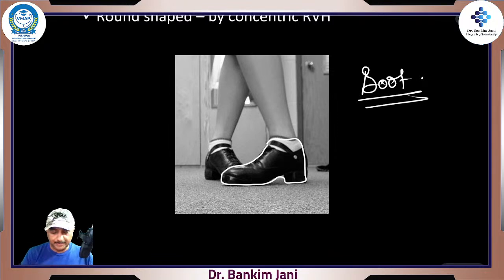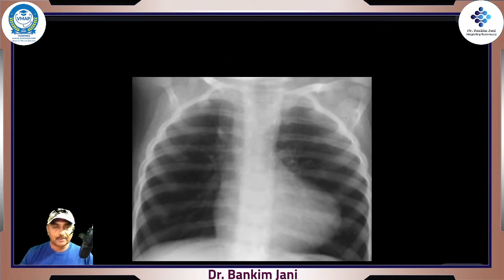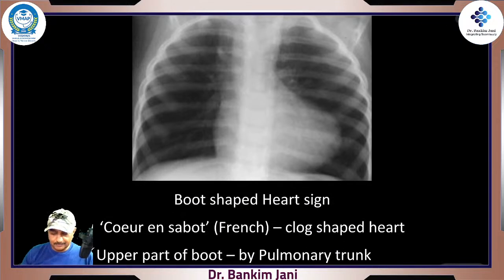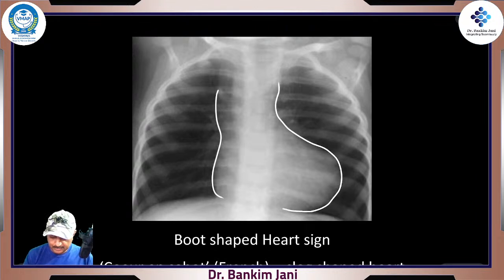You will see a similar appearance in the radiograph of tetralogy of Fallot. Boot-shaped heart sign. So take it like this one. This is what is called the boot-shaped heart, or the clog-shaped heart.